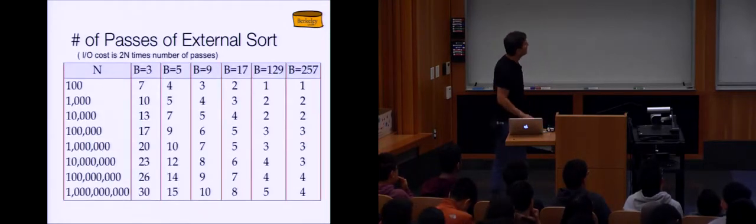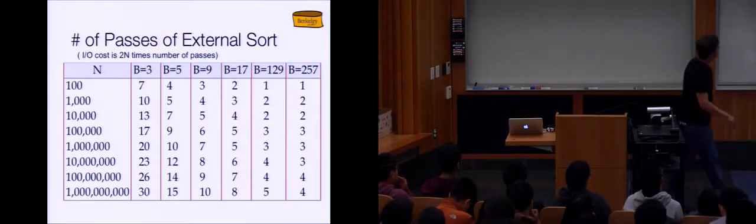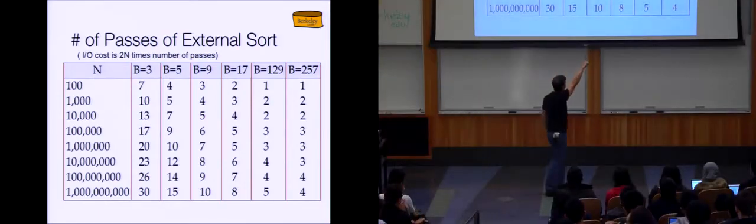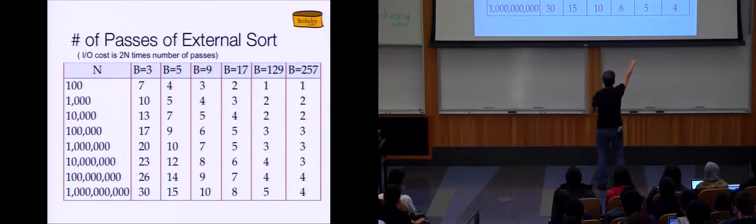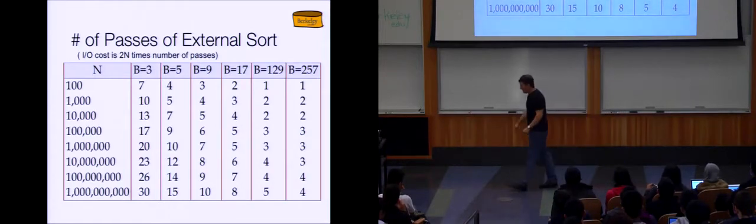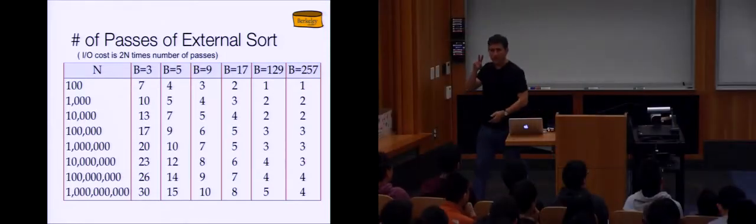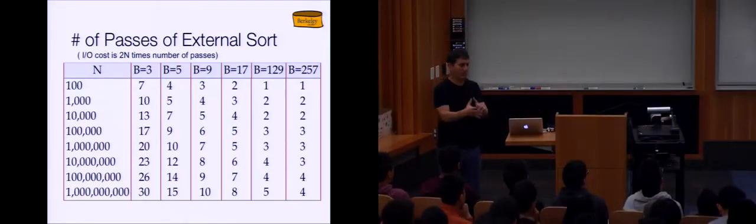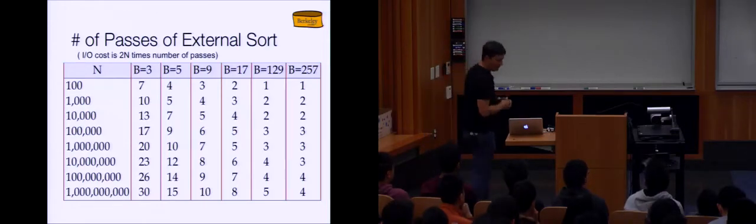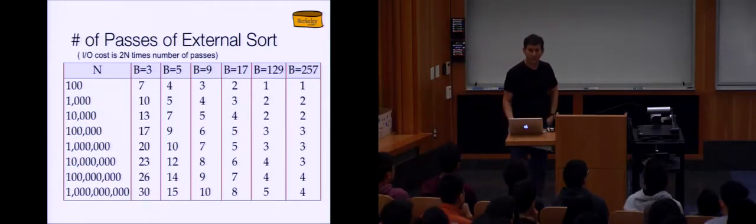All right, this gives you a little better sense. If you have a sizable number of buffers, even for a very big file, you will have a small number of passes. And the truth is, for most workloads, you can do it in 2 passes, pass 0 and 1 merge. But we might ask, what do I mean by most workloads?